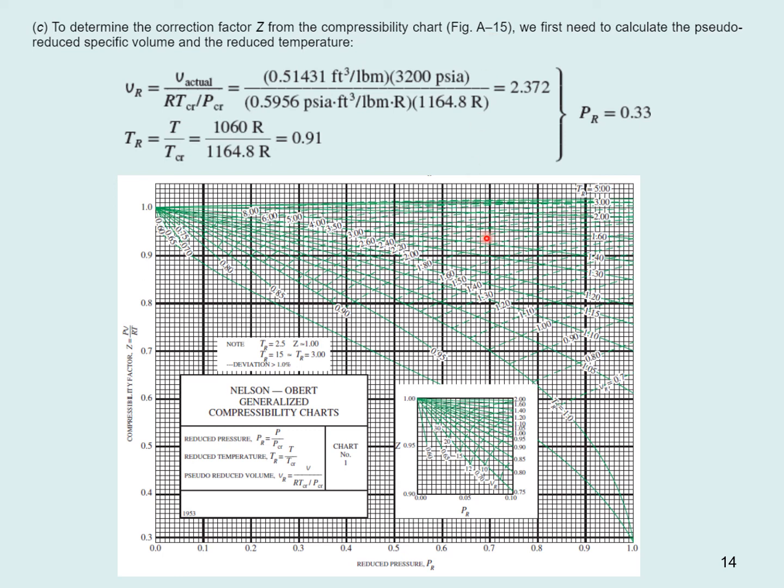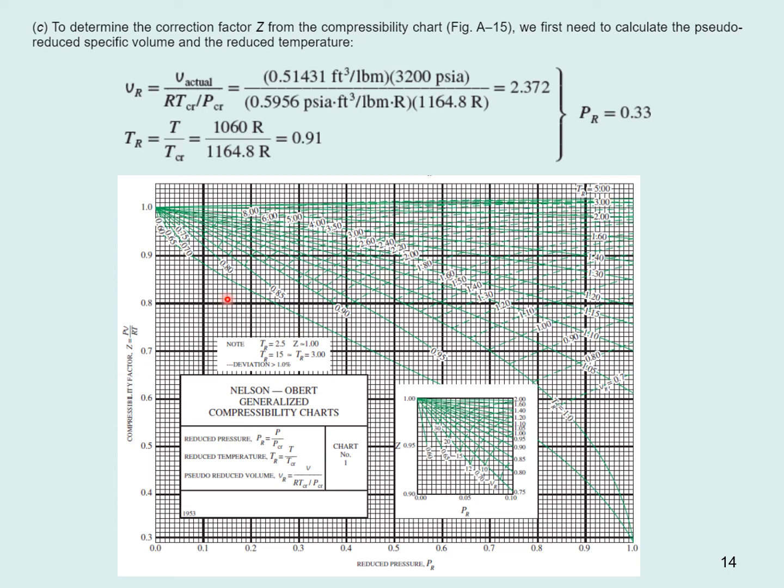This is a very confusing chart because on the y-axis is the Z value, and on the x-axis is the reduced pressure. It also has the reduced temperature curves that go down from 1, and the reduced volumes that go from high to low.